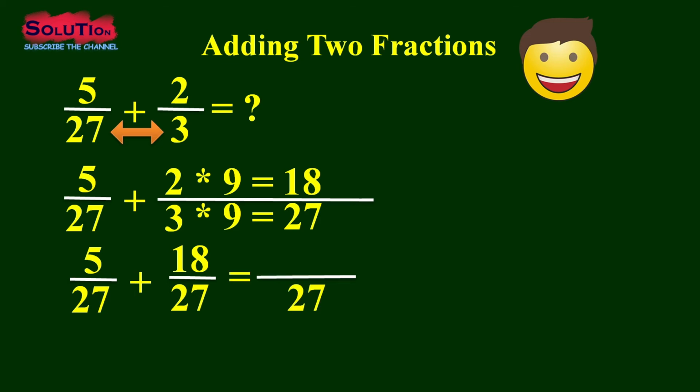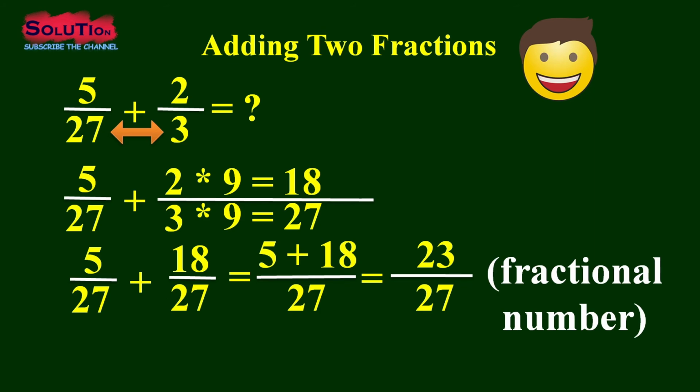So in the answer also, the numerator I have to add and the denominator will be same. So 27 will be in the denominator, and in the numerator I have to add, and after adding it will be 23 by 27, which is nothing but a fractional number.